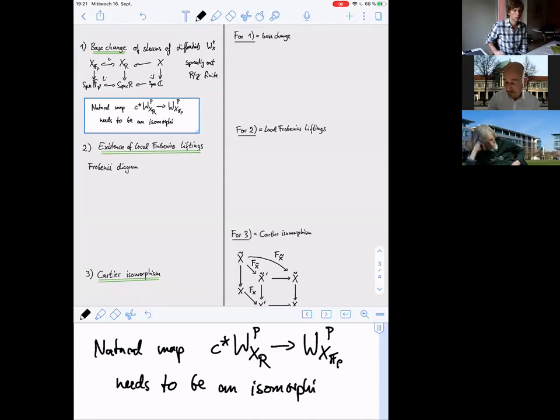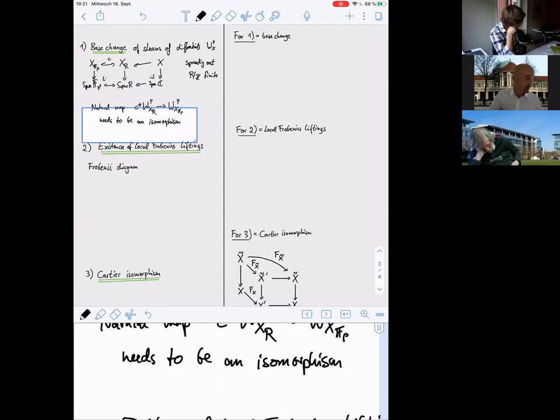So ordinarily, if you were working with ordinary differential forms, that would always be an isomorphism. That's not an issue normally. But since we define our differential forms as a push forward from the log-smooth locus, we might have an issue here. Okay, so this is an issue.